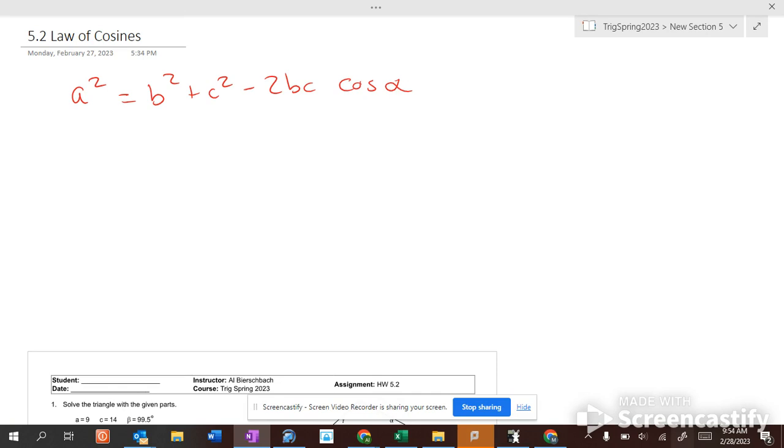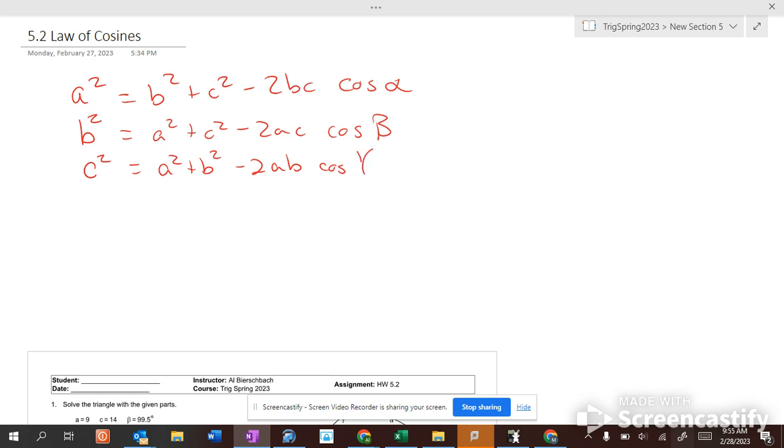If I'm looking for side B, then B squared is alone on this side, and it's A squared plus C squared minus 2AC cosine of beta. And if I'm looking for C, then it's C squared equals A squared plus B squared minus 2AB cosine of gamma.